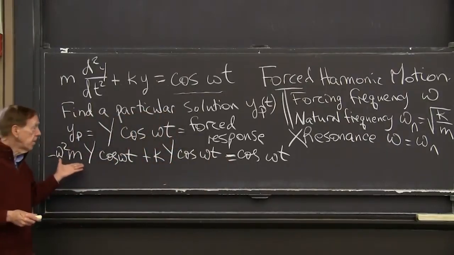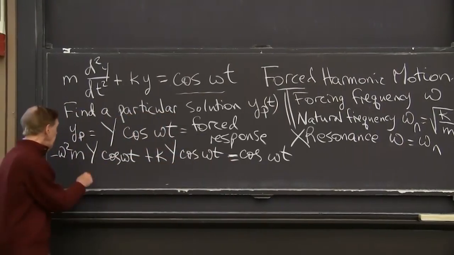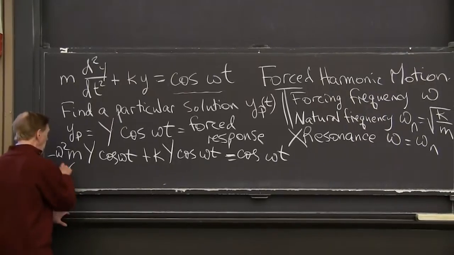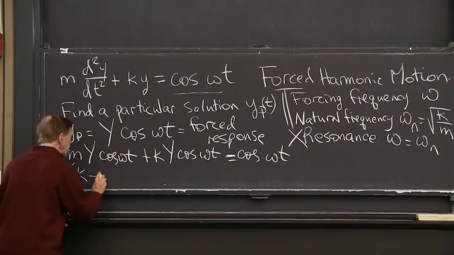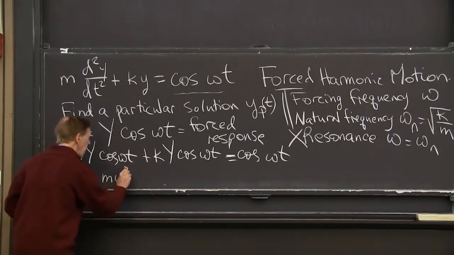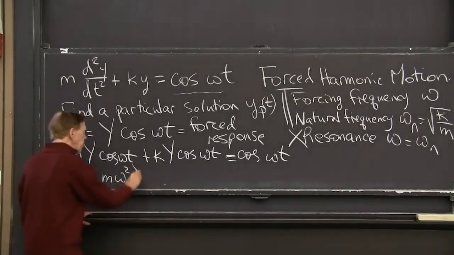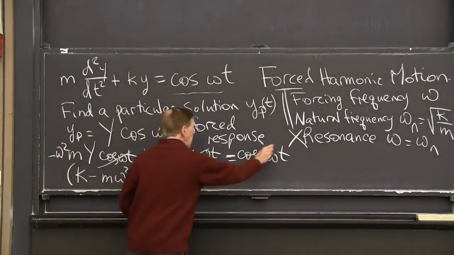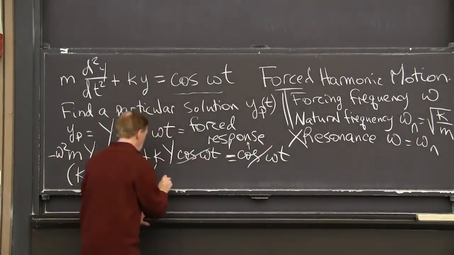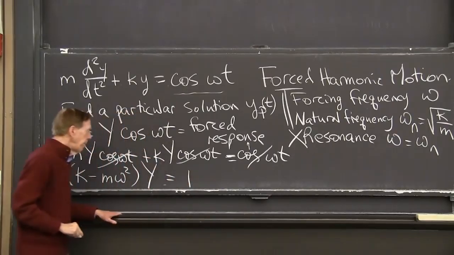The nice thing is here I have all cosines, so I'm just going to have minus omega squared m and a k, so it's k minus m omega squared, can I write it that way, times Y. I'm going to cancel the cosines. On the right side is a 1.